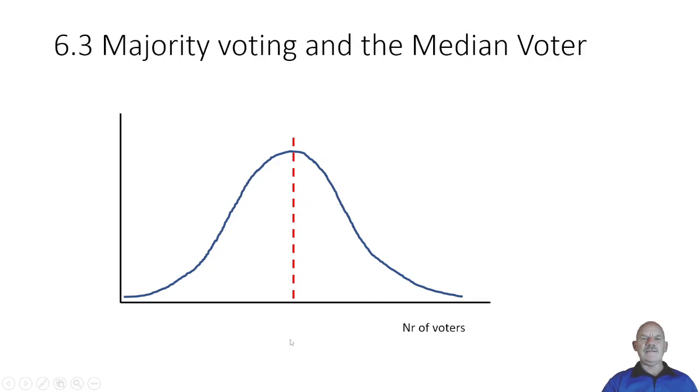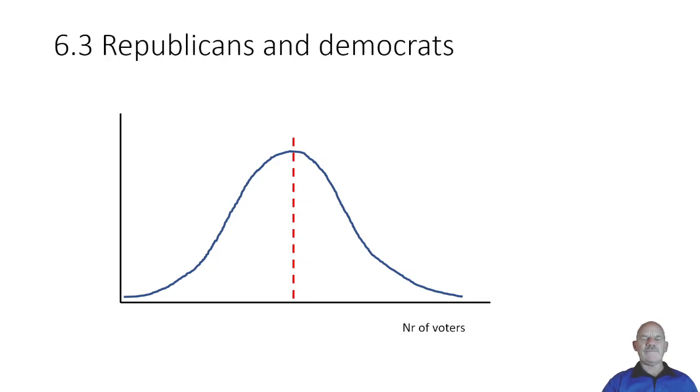So in the United States, they basically have two big parties, the Republicans and the Democrats, and they take turns to win, because the Republicans close to the middle are very similar to the Democrats close to the middle. It just depends on the issues of the day, which they think are very important.